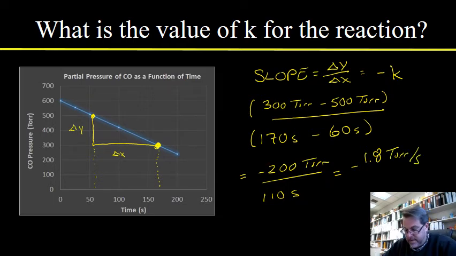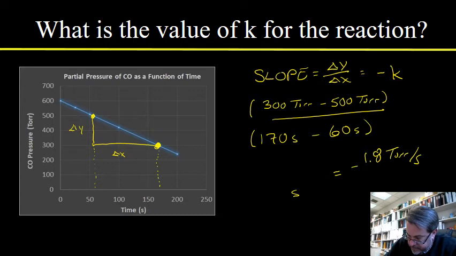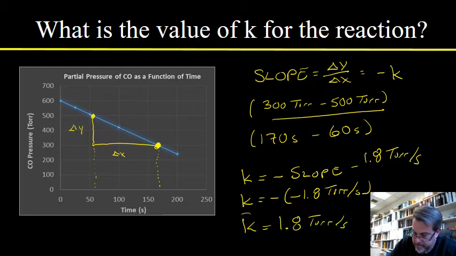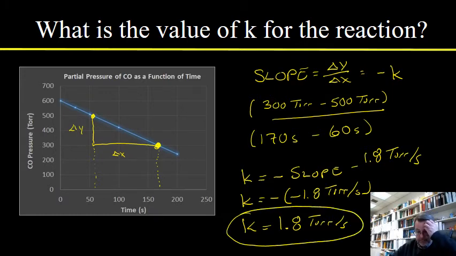And since the rate constant is negative slope, right? So that would mean that our rate constant is 1.8 Torr per second. Right. Terrific.